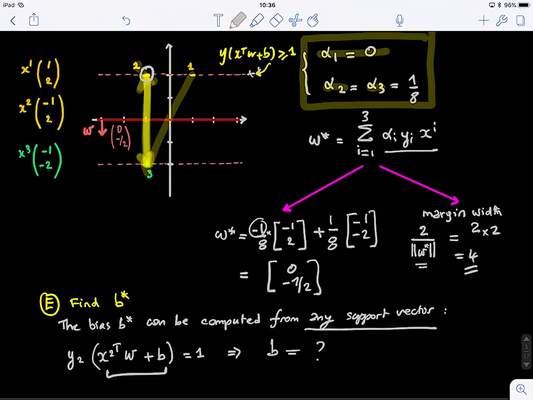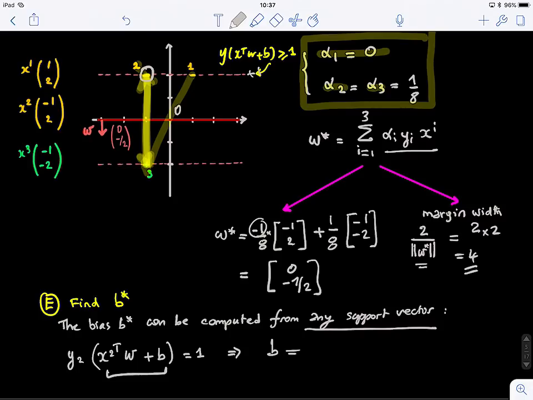Anyone, guys? Double check. Okay, so you have the W, right? So the b is equal to what? Let's do it together. Anyone got the solution just by doing it?